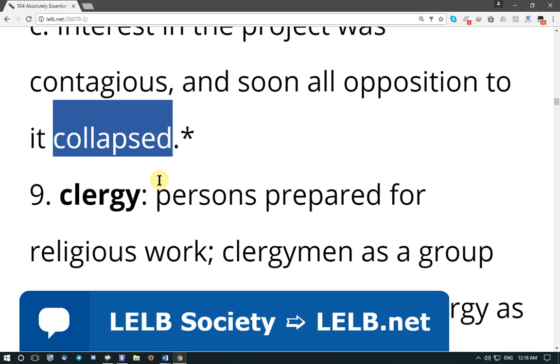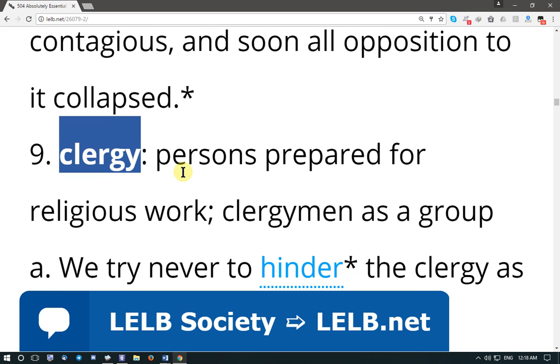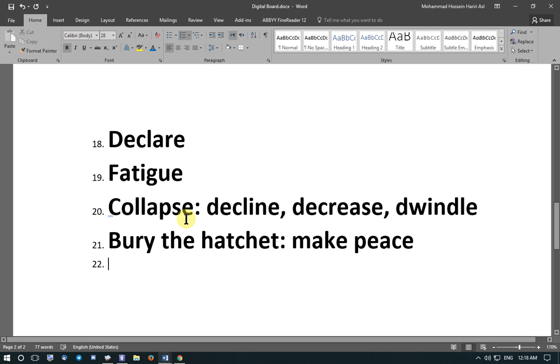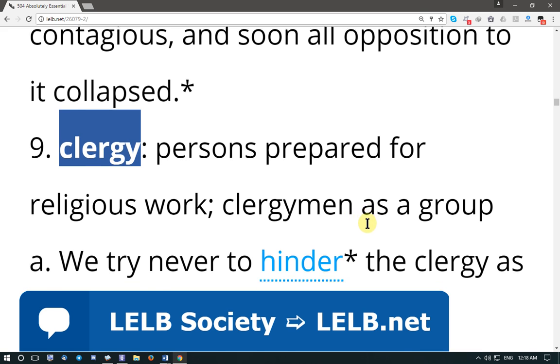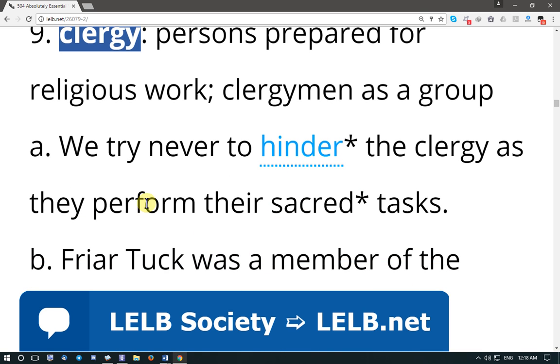Okay. Clergy, word 9, means a person prepared for religious work, for example, a priest, a clergyman, as a group. We try never to hinder the clergy as they perform their sacred tasks.